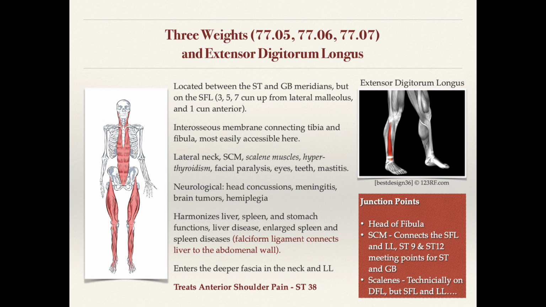So if you get problems in the area of stomach 9 or stomach 12 and you have clients complaining about problems here, then use these groups of points, and remember that they're also indicated for hyperthyroidism and problems of the SCM and scalene muscles. So really great group of points.